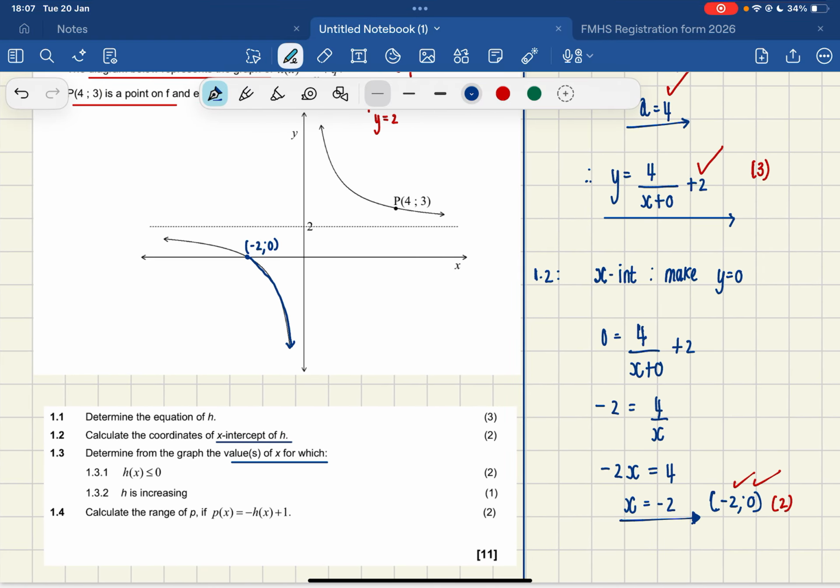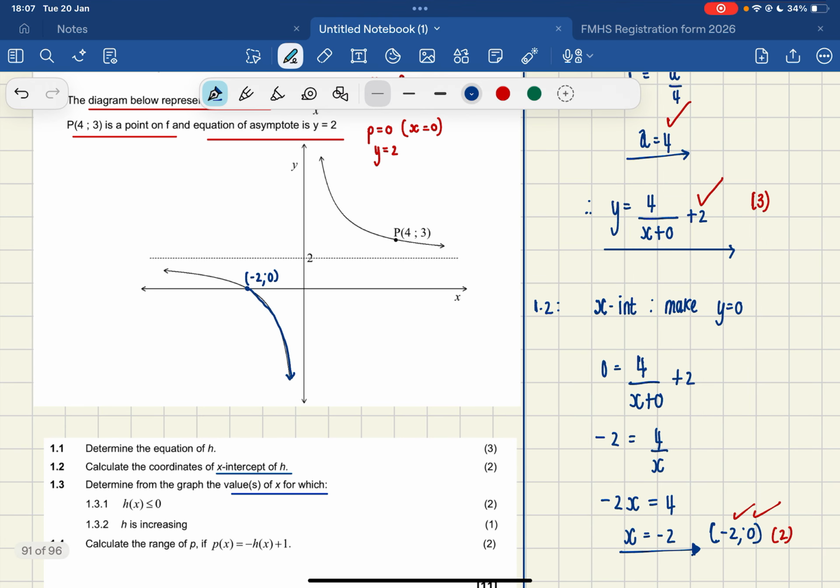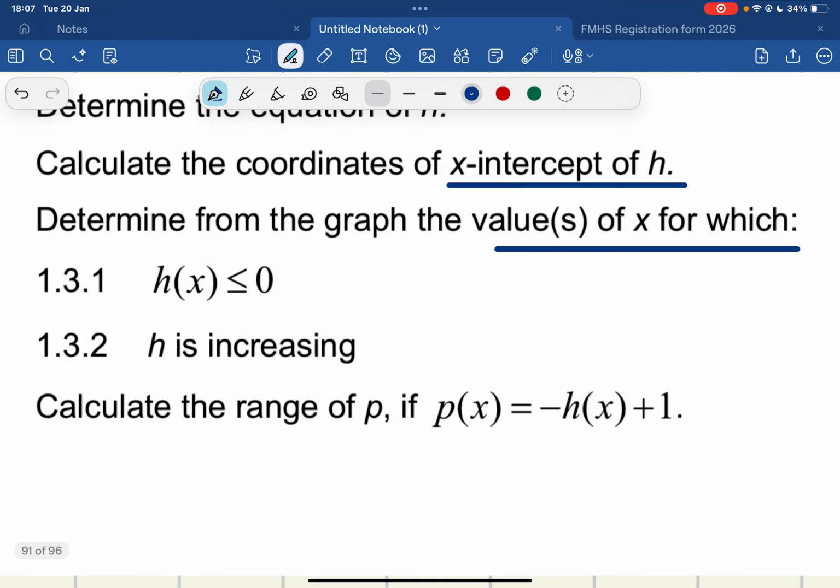Question 1.3.2 says, for which values of x is the graph increasing? So essentially, when would a graph be increasing? An increasing function is essentially where h of x is more than 0.